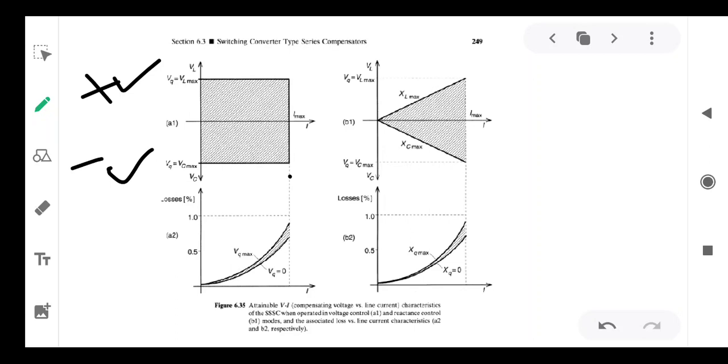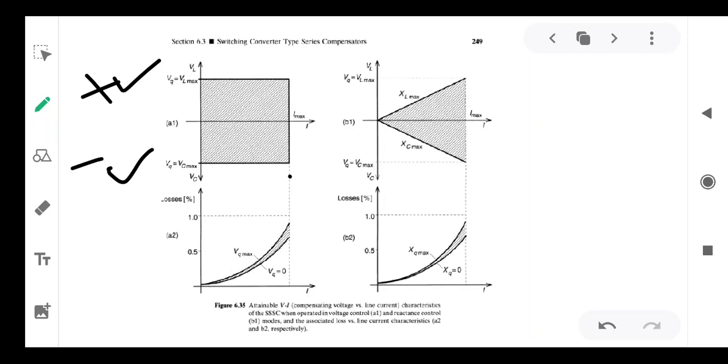IC max and IL max are the same value, whereas VL max and VC max are also the same values, positive and negative side. This entire hatched portion is the working region of the SSC VI characteristics. And these are the corresponding limitations on VQ. VQ can be controlled from 0 to some maximum value.